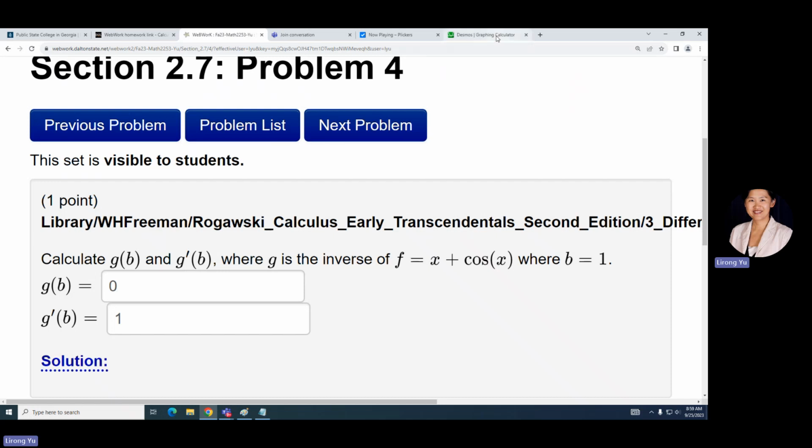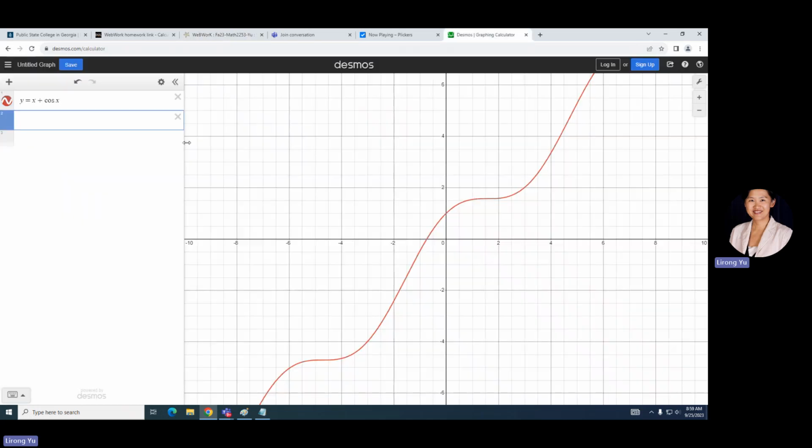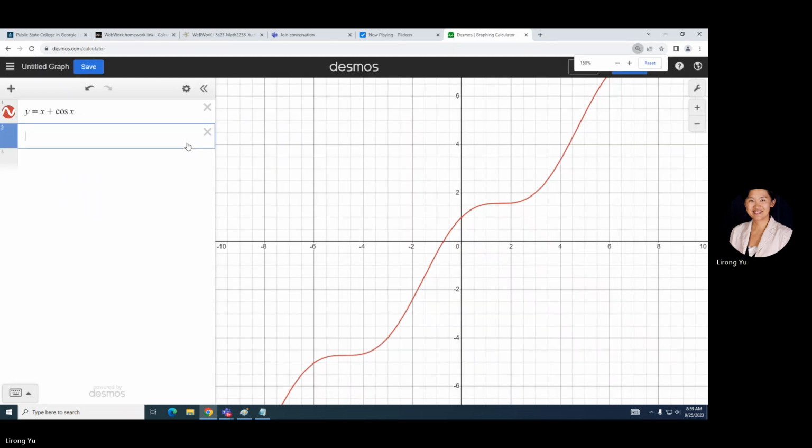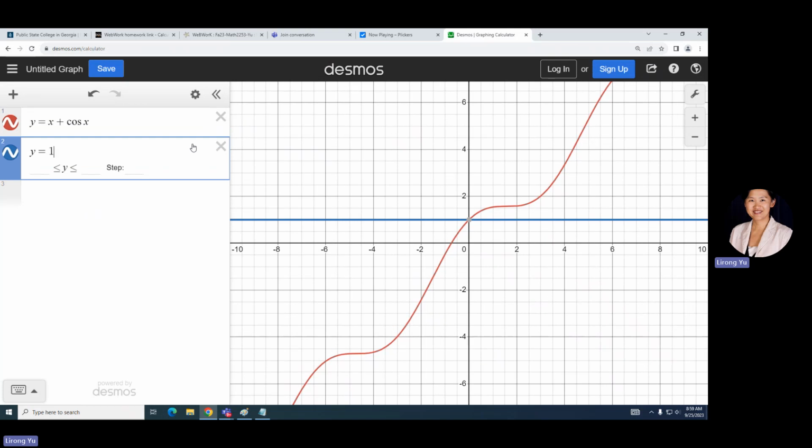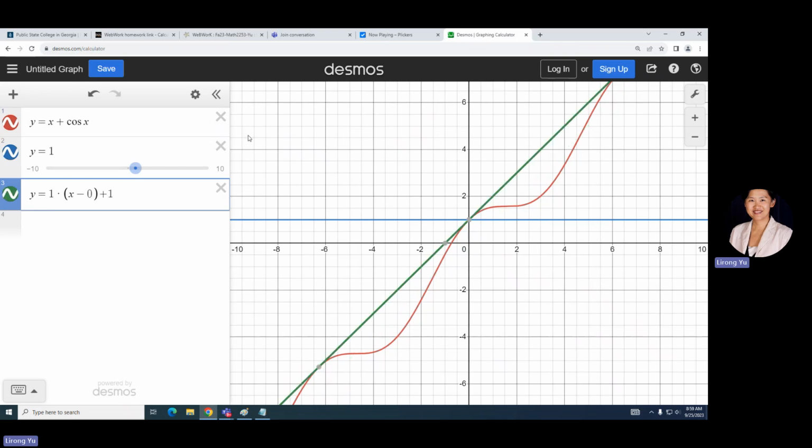So you draw a line at y equals 1, and that's this point. You see the slope is 1. If you are trying to determine the tangent line, it's y equals 1 times x minus 0, plus 1, because the point is (0, 1). That's how it looks. So that's the tangent line.